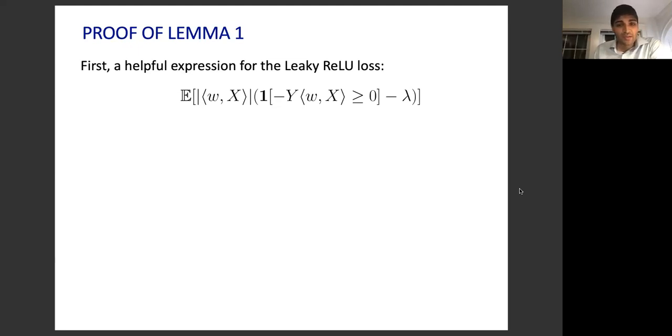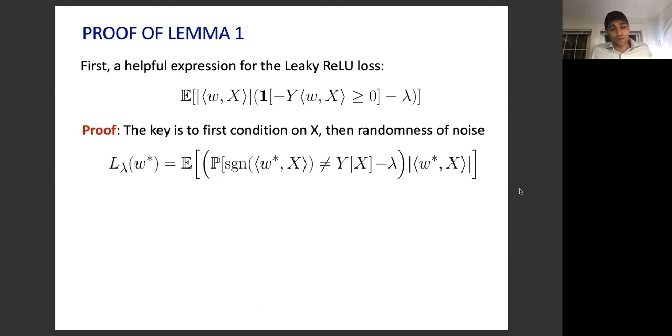You have this indicator function of whether or not your hypothesis gets the label correct, and then you multiply by the absolute value of the inner product between W and X. So if you get the label right, then you output 0, and if you get the label wrong, your loss has slope 1. The Leaky ReLU loss just subtracts lambda from the indicator function. That's the definition of the Leaky ReLU loss, and it's convex because you saw me draw it.